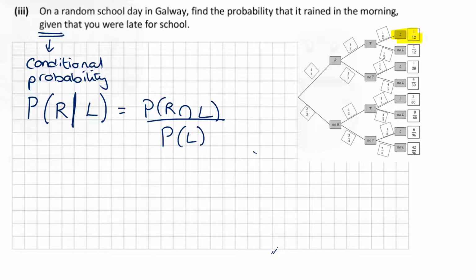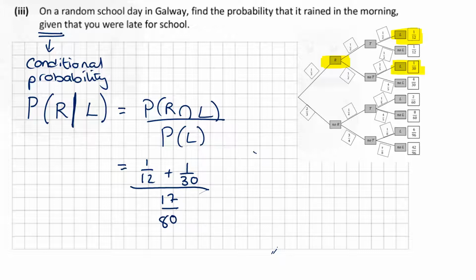So we're dealing with this one and this one because they're both dealing with the rain. So this is equal to 1/12 plus 1 over 30. And that's all over the probability that you are late. Now that was what we worked out in the previous part, which was 17 over 80.